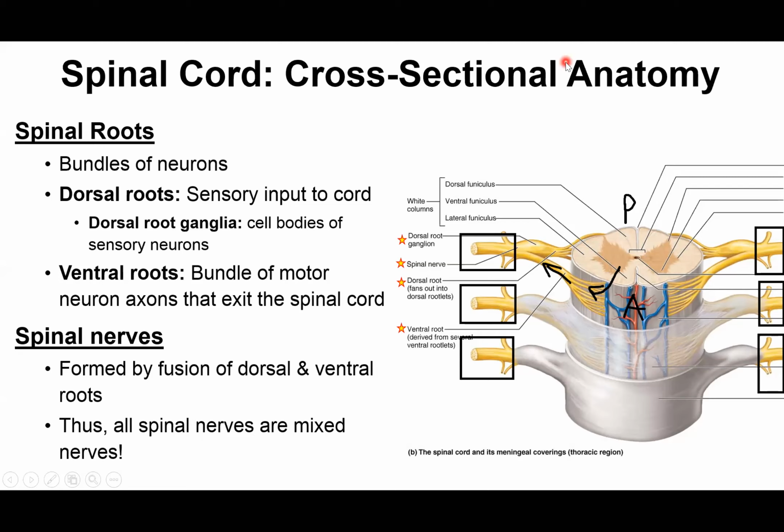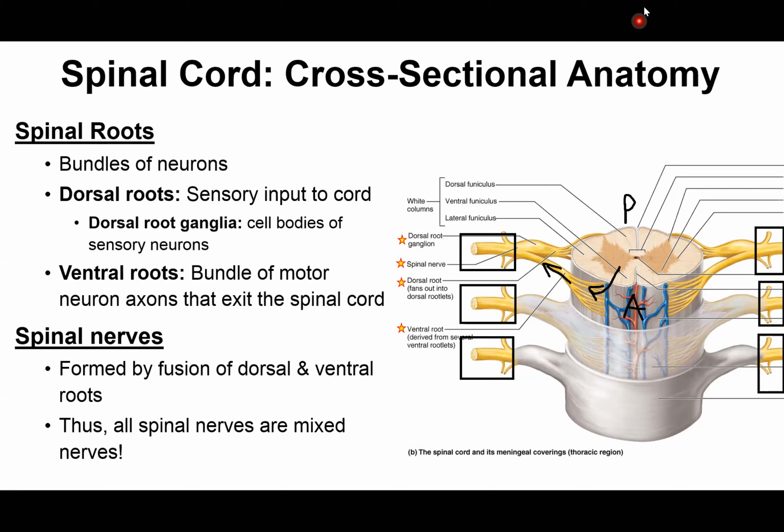So knowing this, knowing that spinal nerves are a combination or the result of both the dorsal roots and the ventral roots coming together, then we should have it in our minds now that all spinal nerves are mixed nerves. And by mixed nerves, I mean they contain the axons of neurons of both sensory and motor neurons.